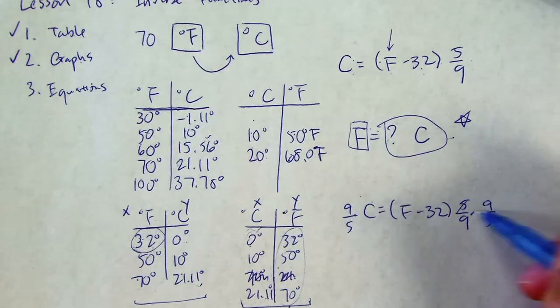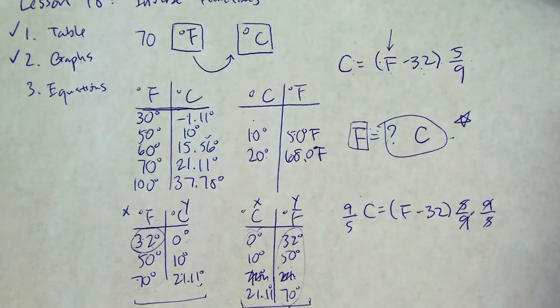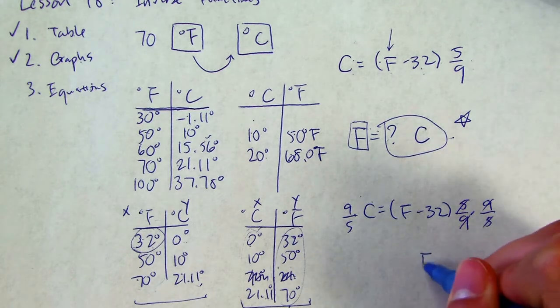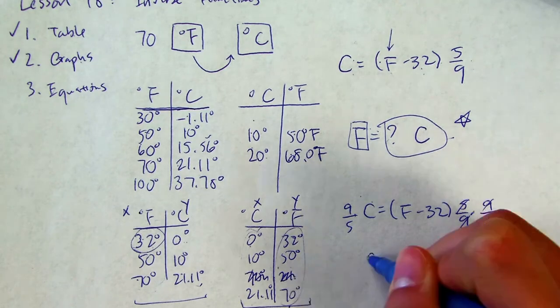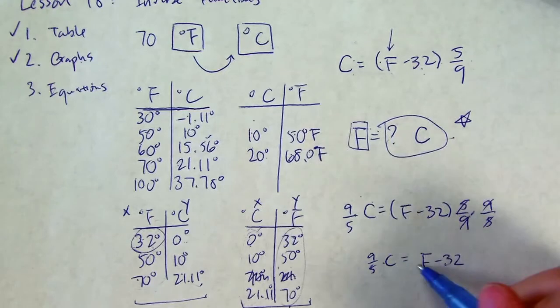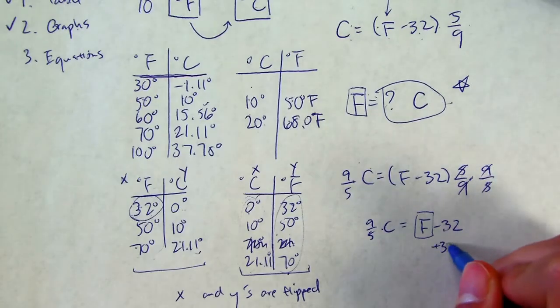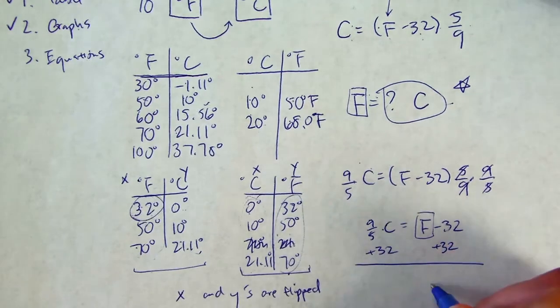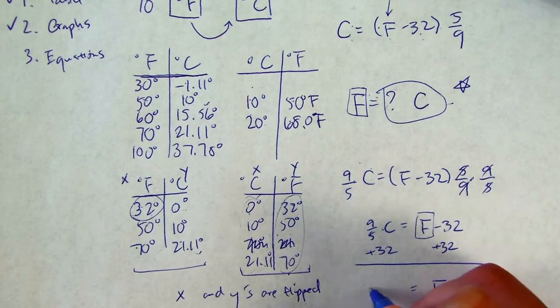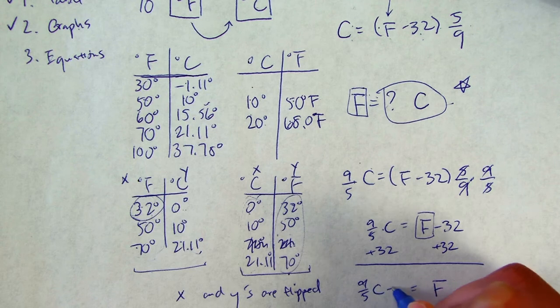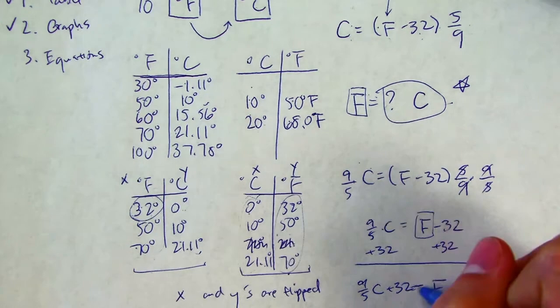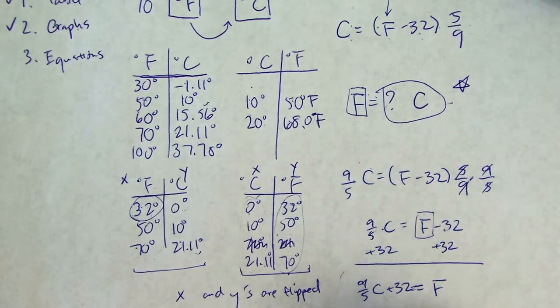The 5 over 9 cancels out with the 9 over 5, and I'm left with F minus 32 is equal to 9 over 5 times C. Now I still need to solve for F, and I can do that by adding 32 on both sides. When I add 32 on both sides, I'm left with F is equal to 9 over 5 C plus 32. Take a look. That means our inverse function is Fahrenheit is equal to 9 over 5 C plus 32. And that is my inverse function.